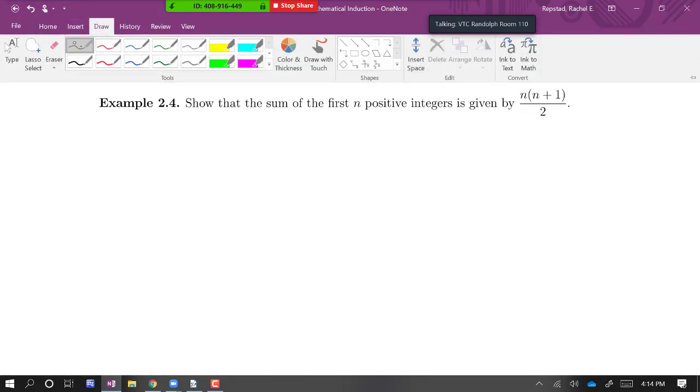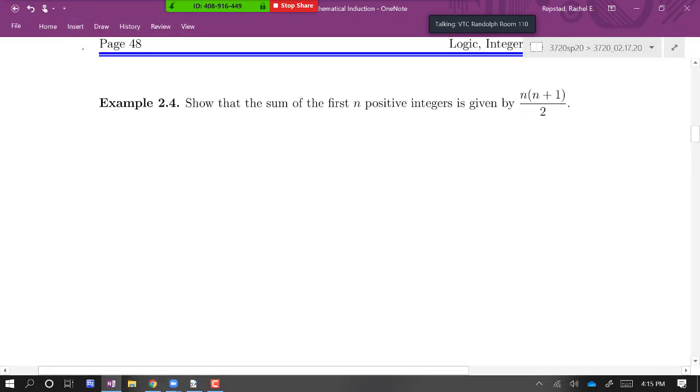We're going to show that the sum of the first n positive integers is n times n plus 1 over 2. The first thing I like to do is rewrite this in the form of an equation.